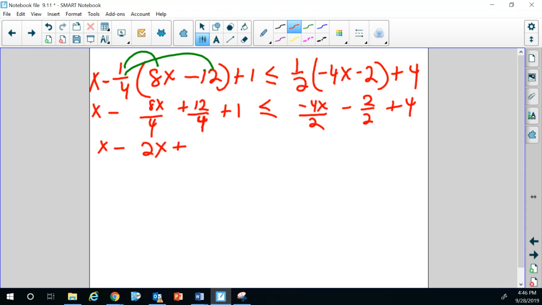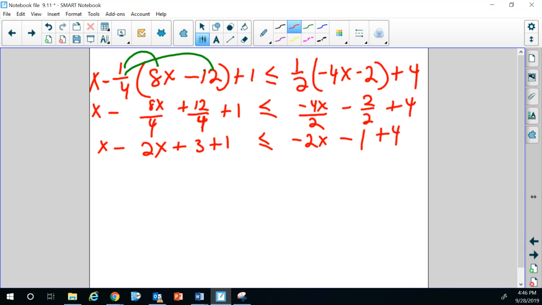Plus 12 divided by 4 is 3, plus 1. Bring down my sign. On the right side, negative 4x divided by 2 will give me a negative 2x. Negative 2 divided by 2 is negative 1, and the plus 4.